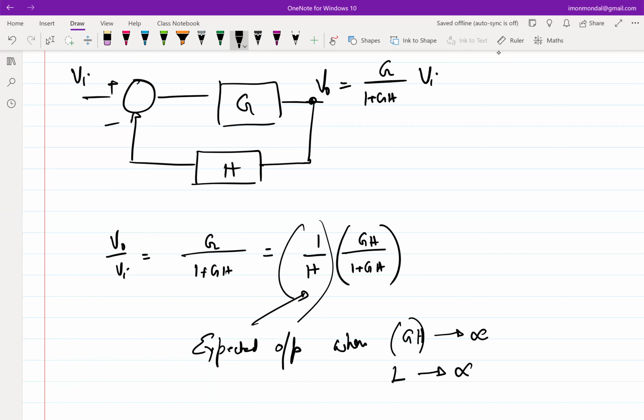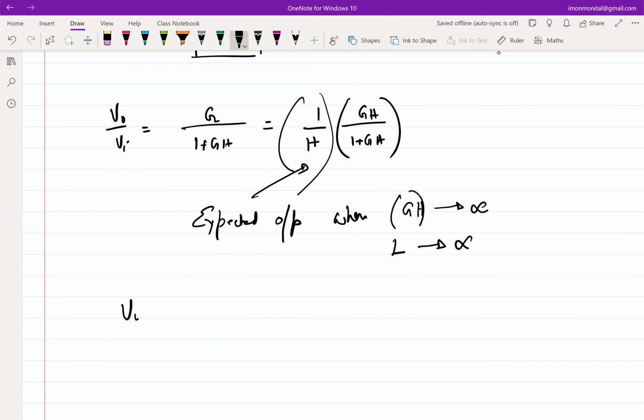This is one of the reasons V naught over Vi is often expressed in this form. So in general, we tend to write V naught over Vi as the ideal transfer function, that is when loop gain tends to infinity, times L by 1 plus L. And often this is also changed slightly.